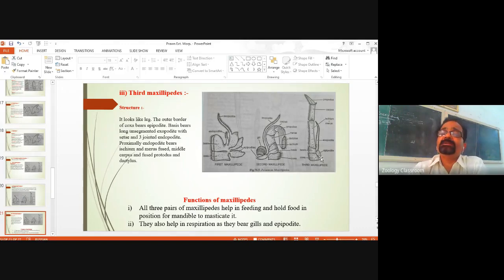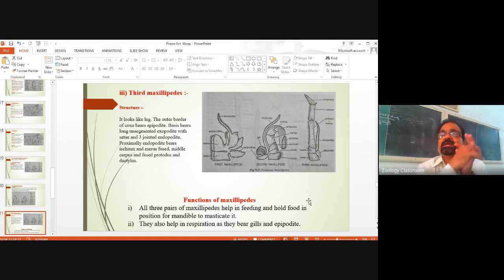And so these are the two common points which you have to remember. Now collectively, what are the functions performed by all three maxillipedes? They help in feeding and hold the food in position for the mandibles to masticate. How?